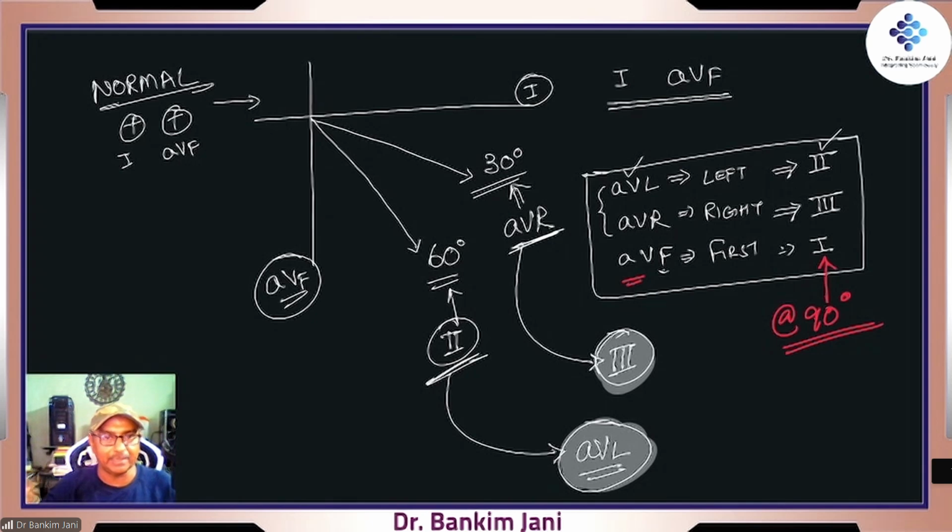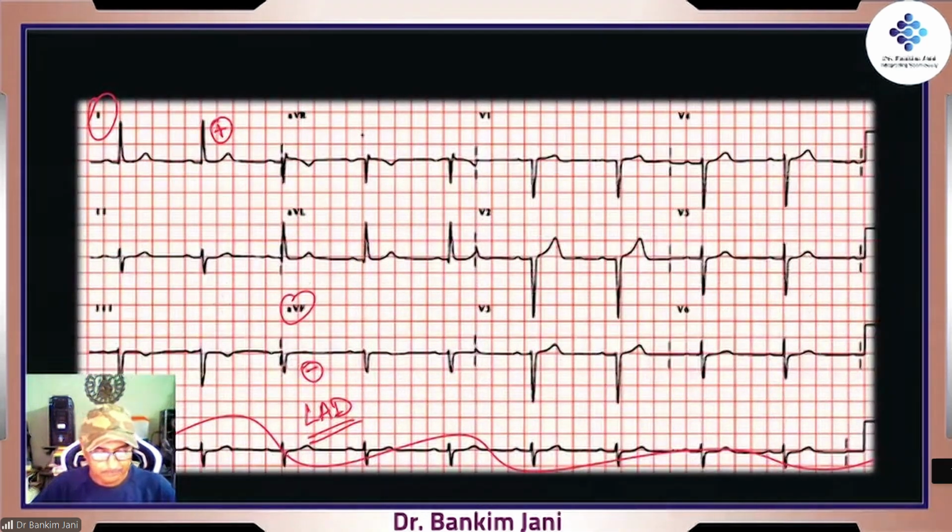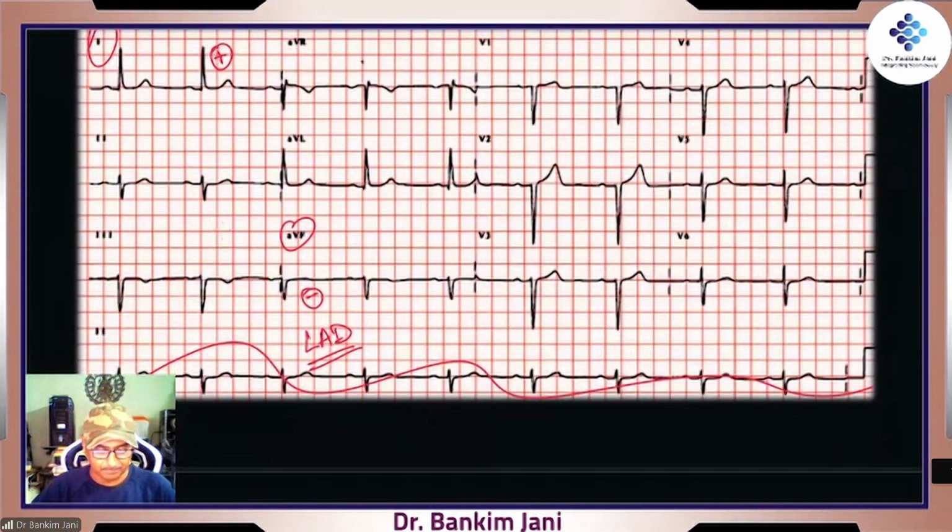So they will be isoelectric, right? So we have to just find out which of these two is isoelectric. Isoelectric means exactly as much upward deflection as downward deflection. That should really occur. So let's see this.